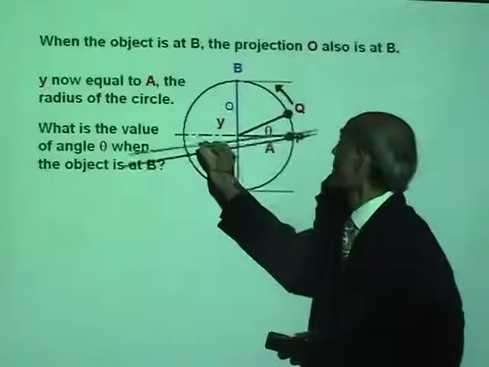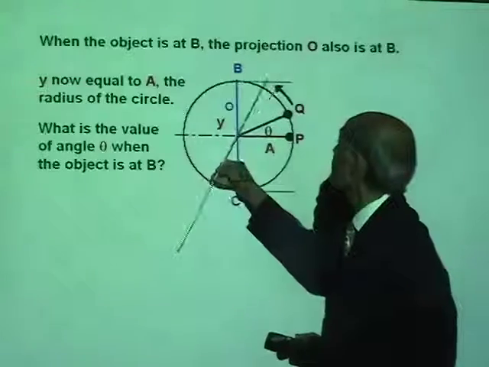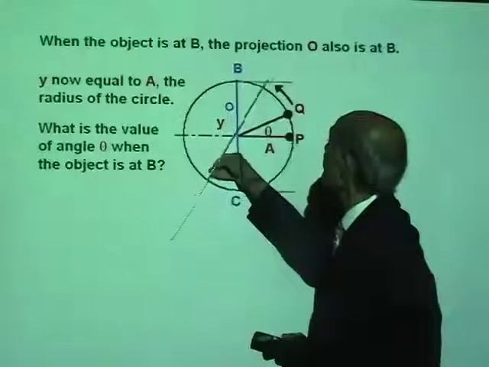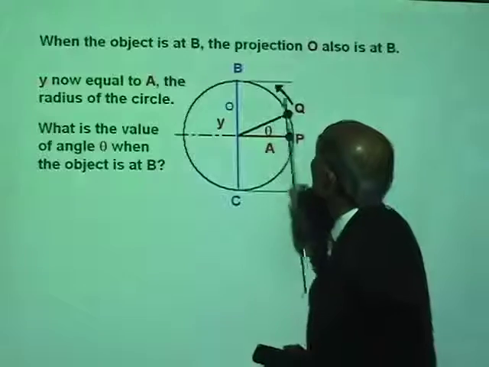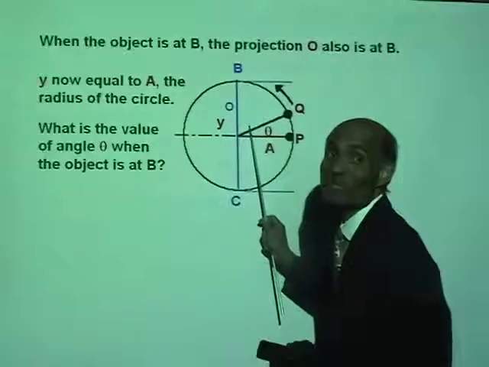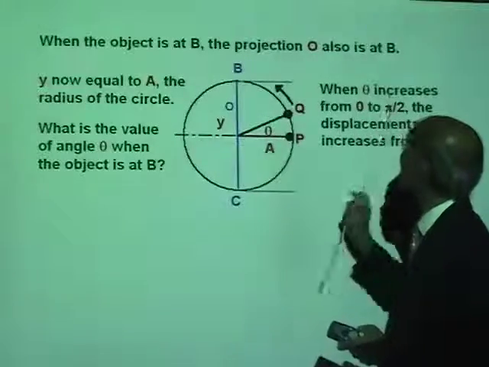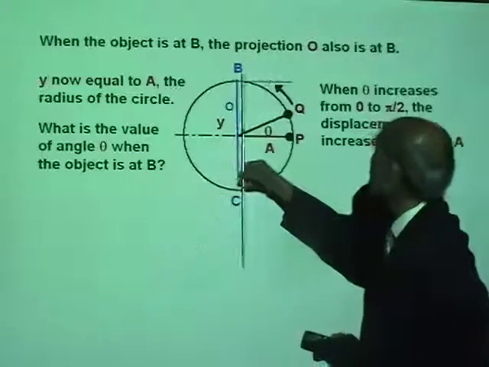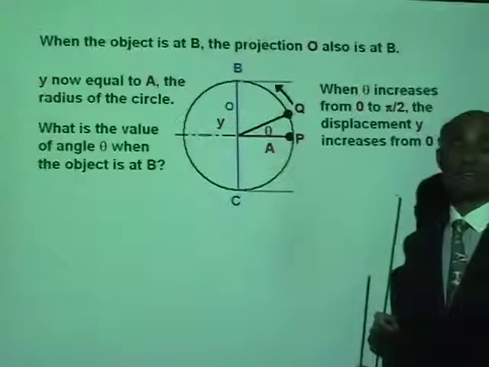Now, what is the value of theta when the object is at B? Tell me. As the object moves from P to Q to B, the angle theta increases. And what is the value of angle theta when the particle is at B? It will be pi by 2, 90 degrees. Is that right? So when theta increases from 0 to pi by 2, what happens to the displacement Y?